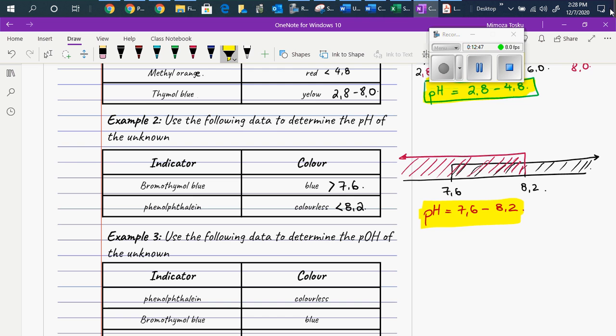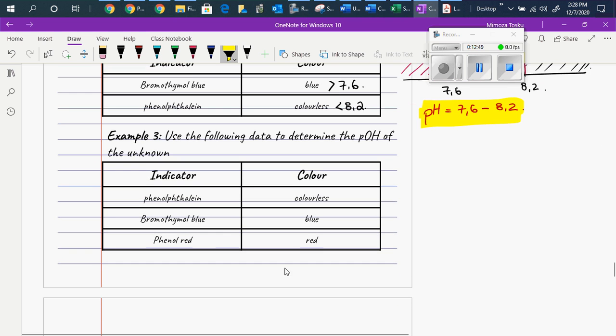Okay. Now the third one is having more than two indicators that we are using. So the first one is colorless, which means that we are having a pH that is less than 8.2 based on the colors that we have here.